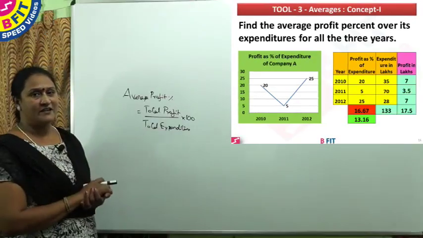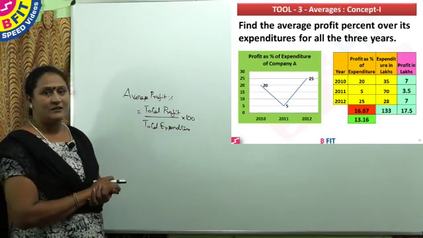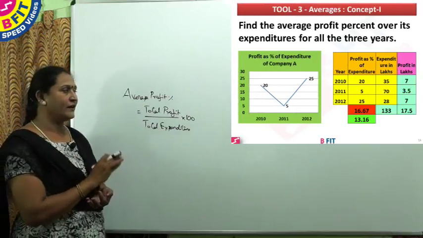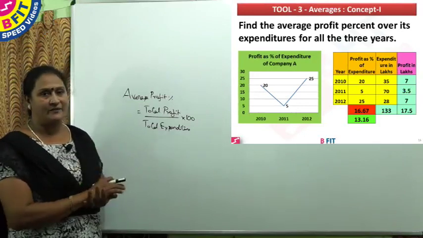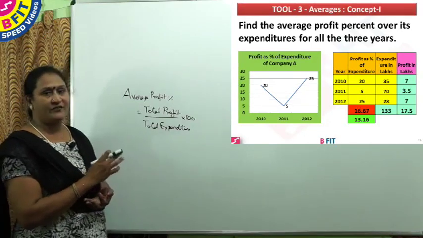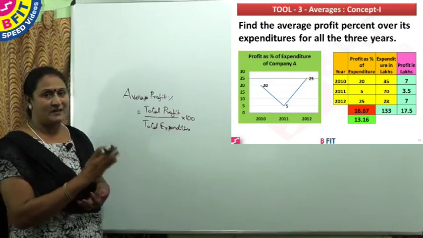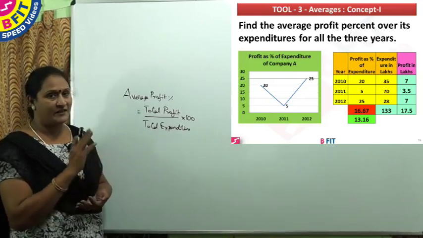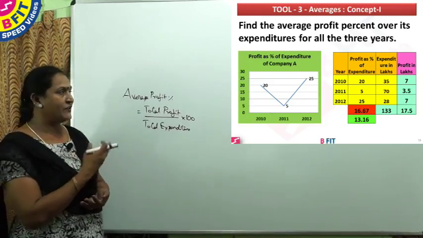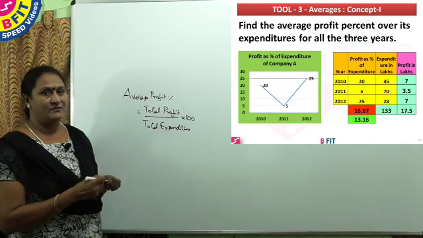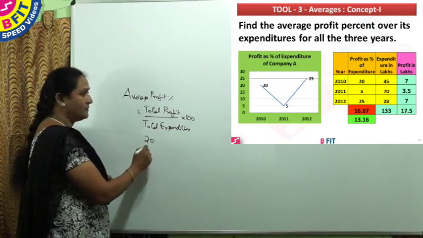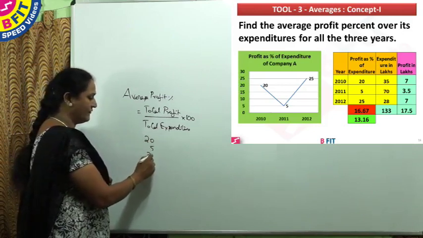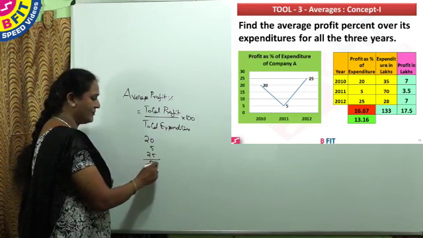So we'll see the working slide. Here, the profit percents for 2010, 11 and 12 is given as 20%, 5% and 25%. So what will happen if we find the average? As bases are different, expenditures are different, we shouldn't find average for the given percentages. Suppose you find average for 20 plus 5 plus 25, it is 50%.